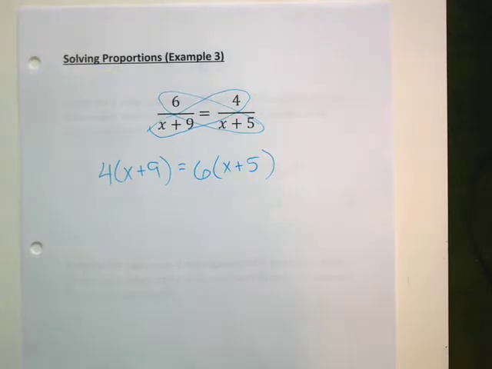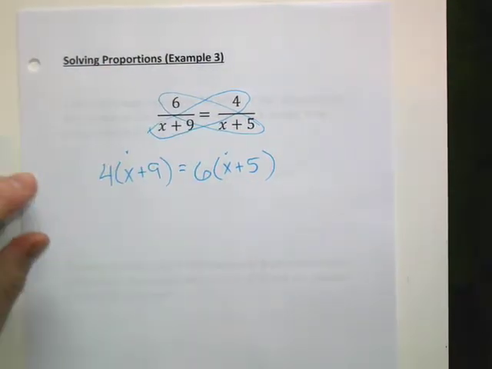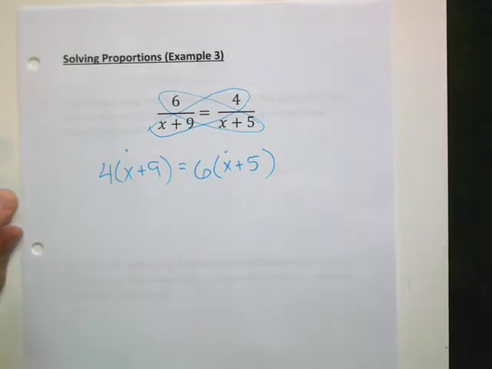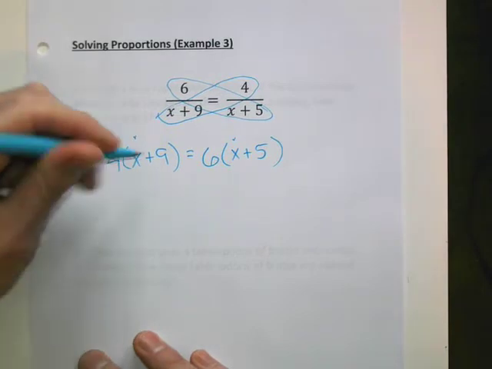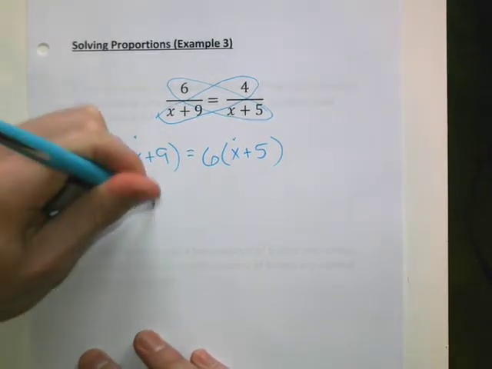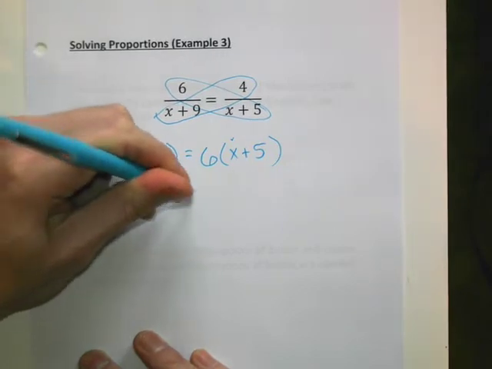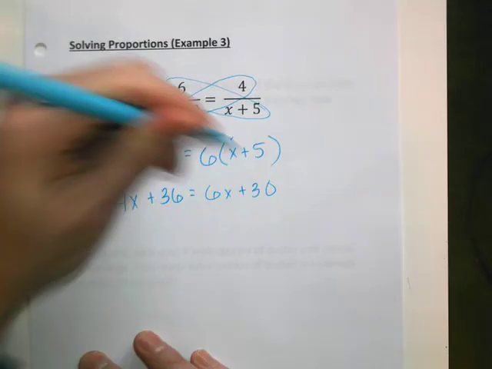And now the key here is our variables are on opposite sides of the equation, right? So we want to eventually get those on the same side of the equation so we can solve for x. But first, before we do that, let's simplify. What I'm going to do is distribute. So it'd be 4x plus 36 is equal to 6x plus 30.